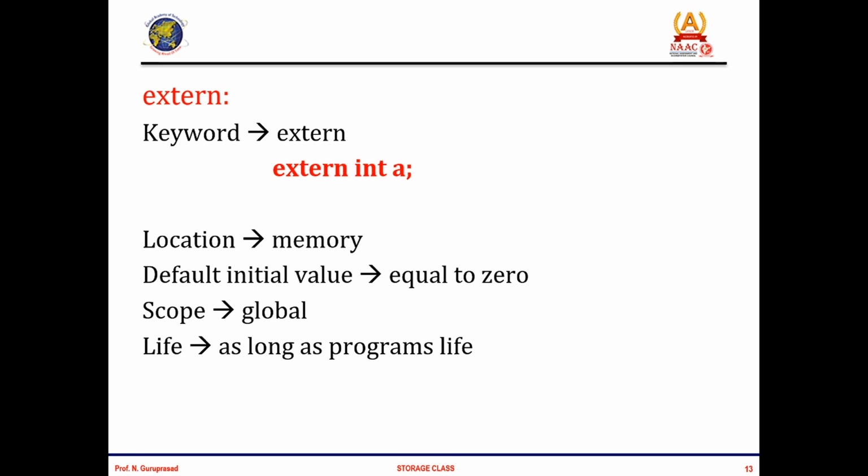But what I want to emphasize here is with respect to the keyword called extern. And the emphasizing point is the main purpose of using extern variables is that they can be accessed between two different files which are part of a large program.